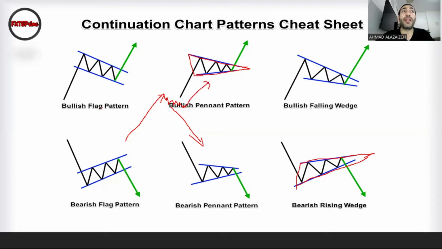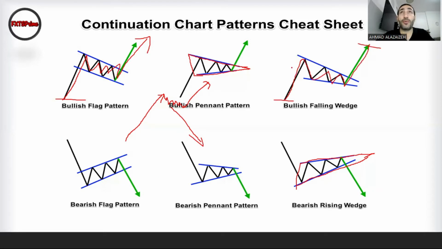That is why we name these continuation patterns. So start from here, going up, then making the pattern, then breaking and going up. That's why we call this pattern a continuation pattern. Similarly here, it's starting from down, going up, forming the pattern, then breakout and continuation.